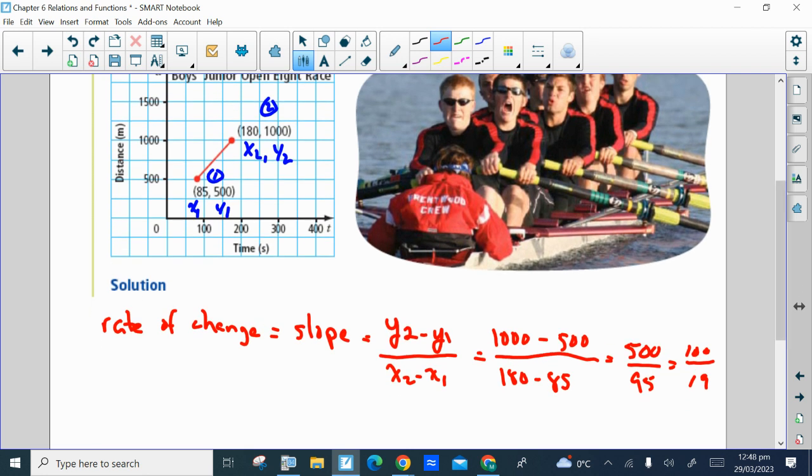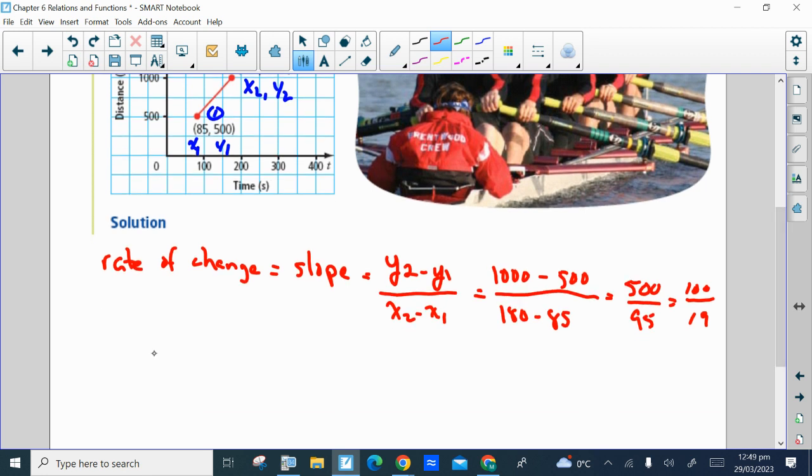That is the rate of change. However, in this case, we can actually tell what that number means. When we found the slope, we divide the rise by the run. You see, the rise is the distance in meters. That's what's along the y-axis. That's where the rise comes from. The run is the time in seconds. So not only can we say that it is 100 over 19, now we can say that it is also meters per second.